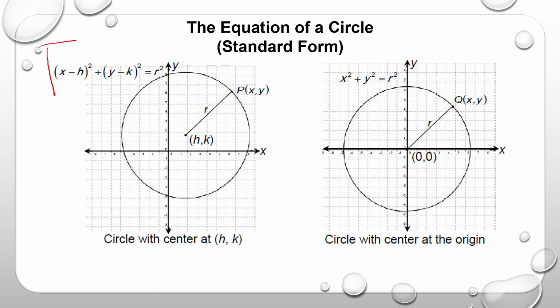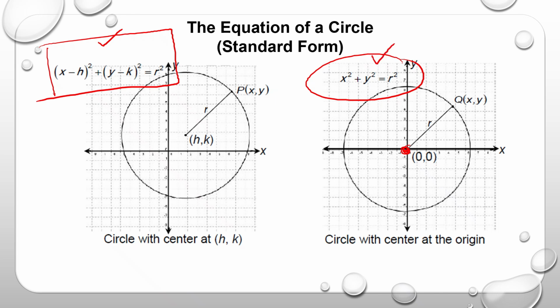And the formula class is this one, quantity x minus h squared plus quantity y minus k squared is equal to r squared. Or it could be this formula, x squared plus y squared is equal to r squared. Actually, class, the first formula is enough for us to write the equation of any circle given the center and the radius. However, particularly if the center of the circle is at the point of origin 0, comma 0, then this one is much faster to use.